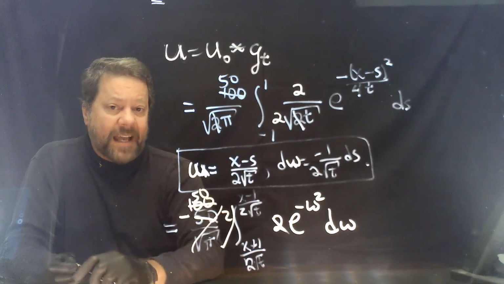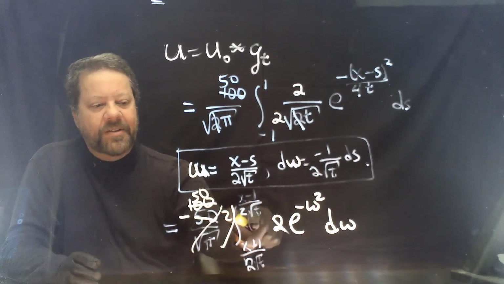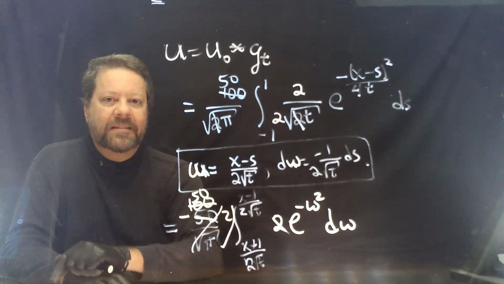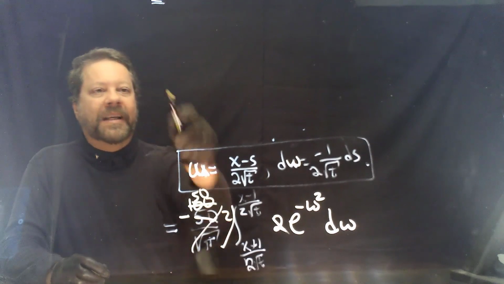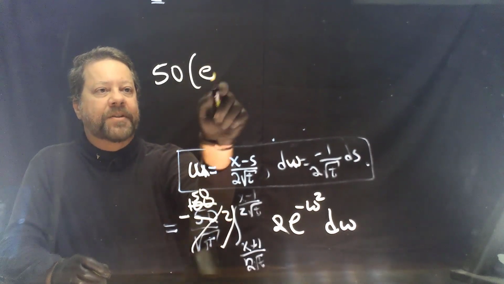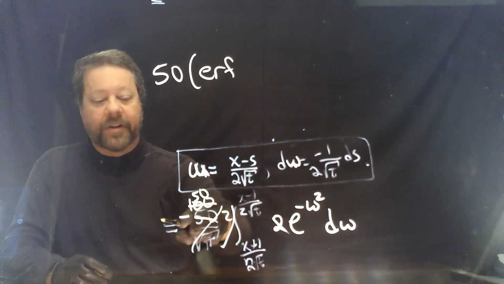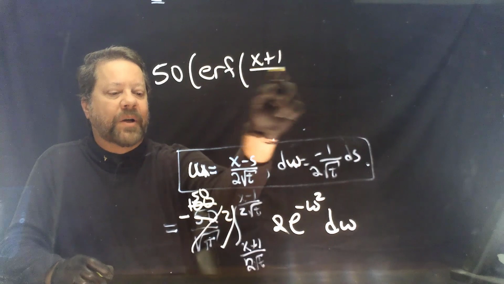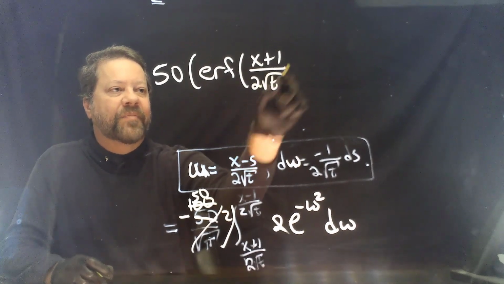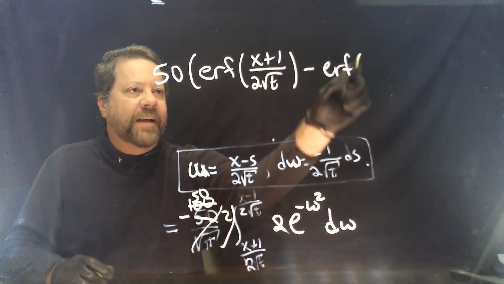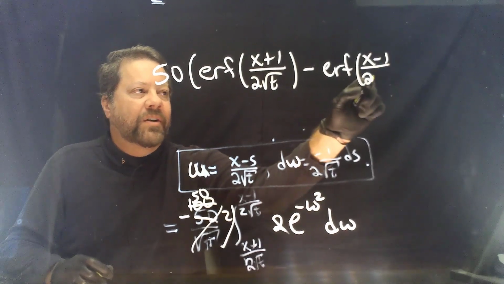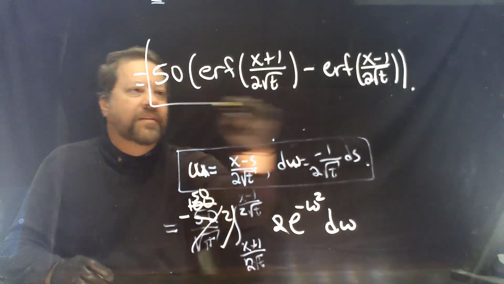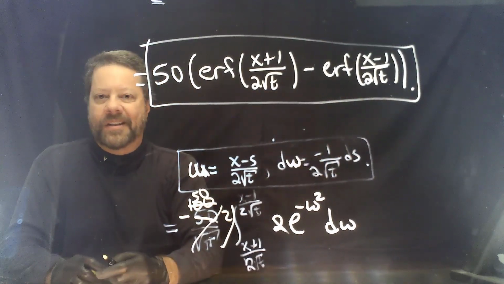One way of dealing with that is breaking this up into integrals from a to 0 and then from 0 to b. Either way, what we're getting here is 50 times the difference, and reversing the order of integration and changing the sign, we get the error function evaluated at x plus 1 over 2 root t minus the error function evaluated at x minus 1 over 2 root t as the solution to this heat equation.